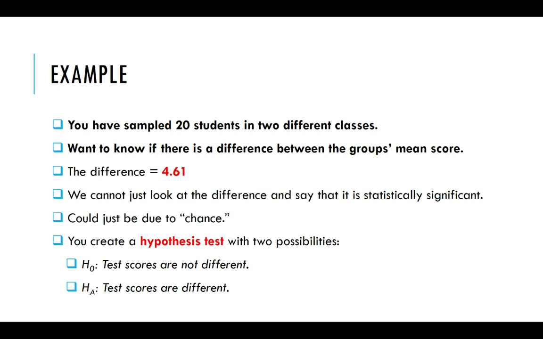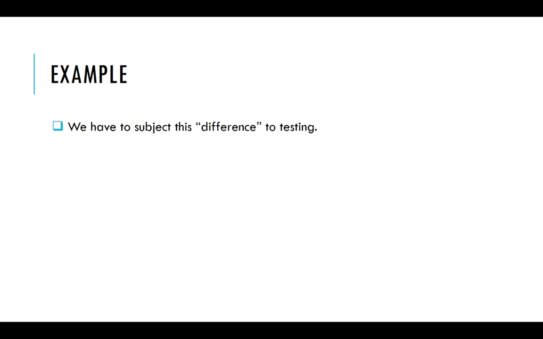But that's not what I'm going to do right here. But that's what we would do with this hypothesis. So again, we're just going to keep this very simple. Now, we have to subject this difference to testing. We're not going to literally do it, as I said. We're not going to do it right here. But what we're doing when we subject this difference of 4.61 points to testing, we're asking how likely is it that this is just due to chance?